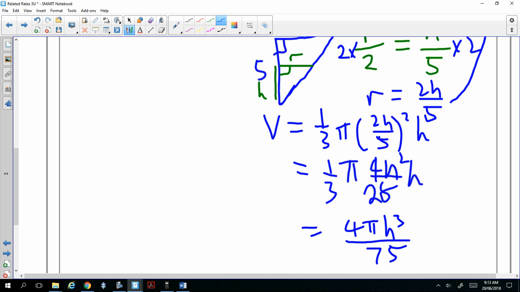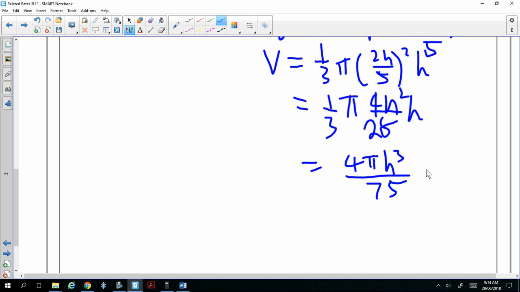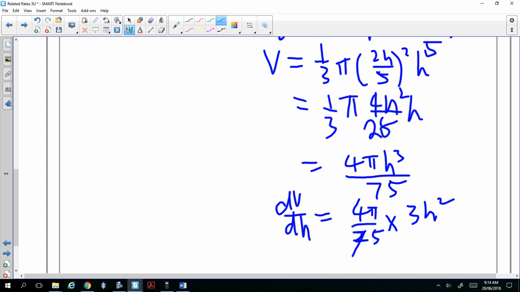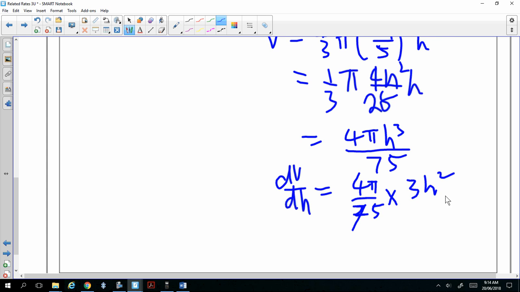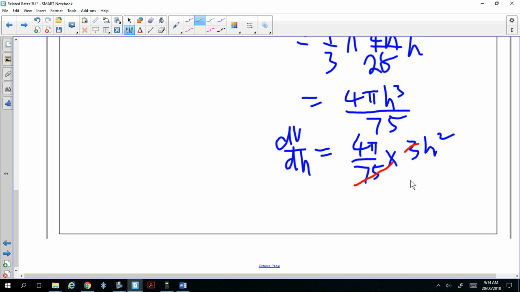Once you find V in terms of h, you can find dV/dh. So dV/dh is 4 pi over 75 times 3h squared. And the 3 cancels with the 75, which becomes 25. So dV/dh is 4 pi h squared over 25.